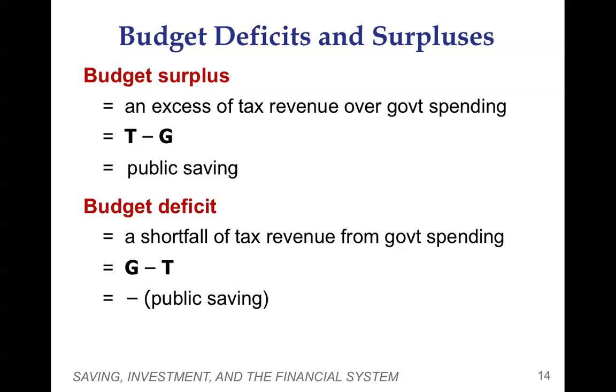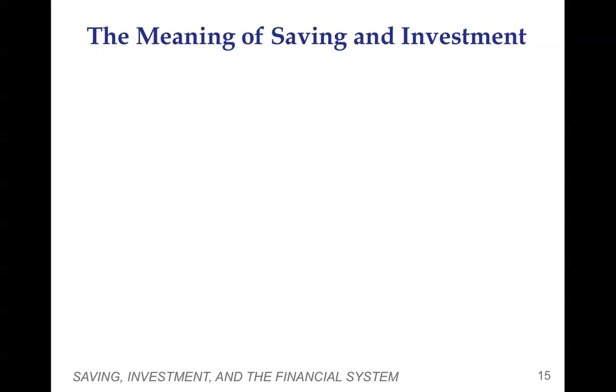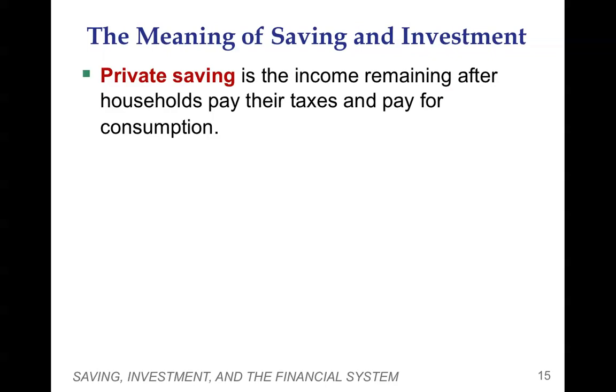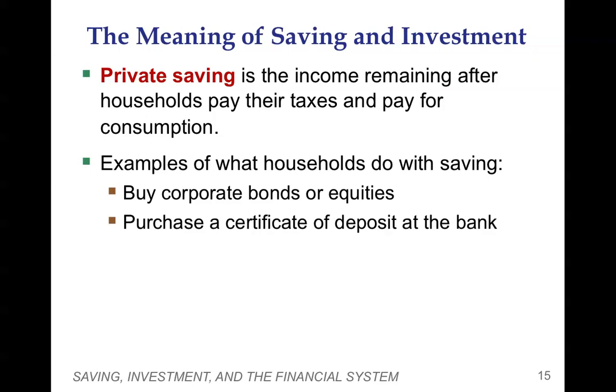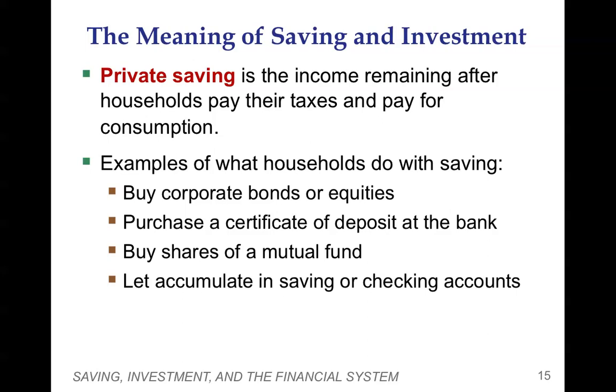Okay, meaning of savings and investment. Private saving is the income remaining after households pay their taxes and pay for consumption. Examples of what households do with savings: they'll buy corporate bonds or equities. We just talked about that in the first section. They'll purchase a CD, buy shares of a mutual fund, or let it accumulate in savings or checking accounts.